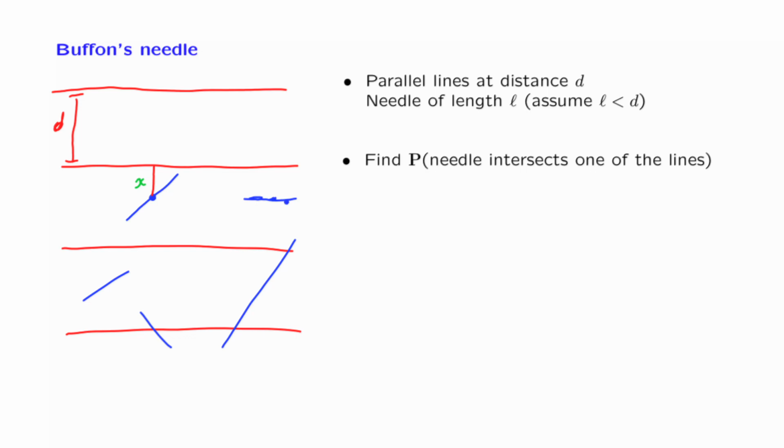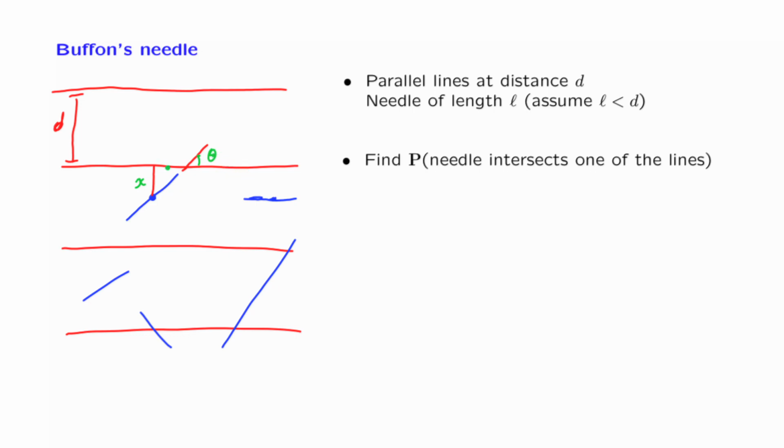So the angle that the needle is making with the parallel lines should also be relevant. So let us give a name to that particular angle. So let's extend that line until it crosses one of the lines, and let us give a name to this angle and call it theta.